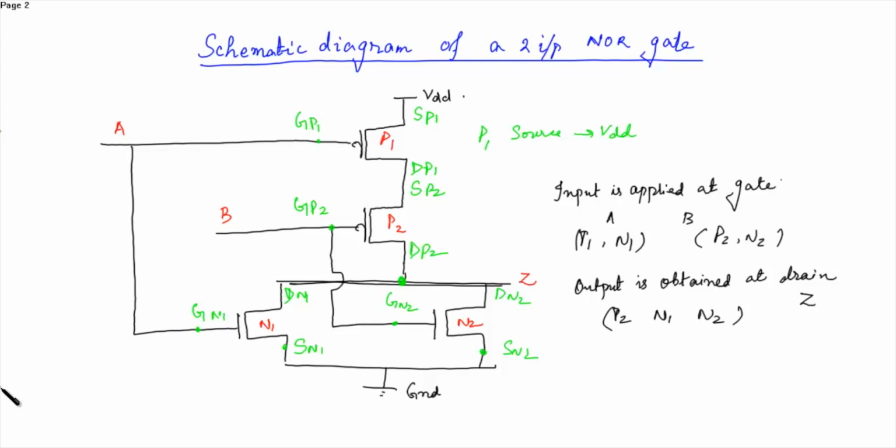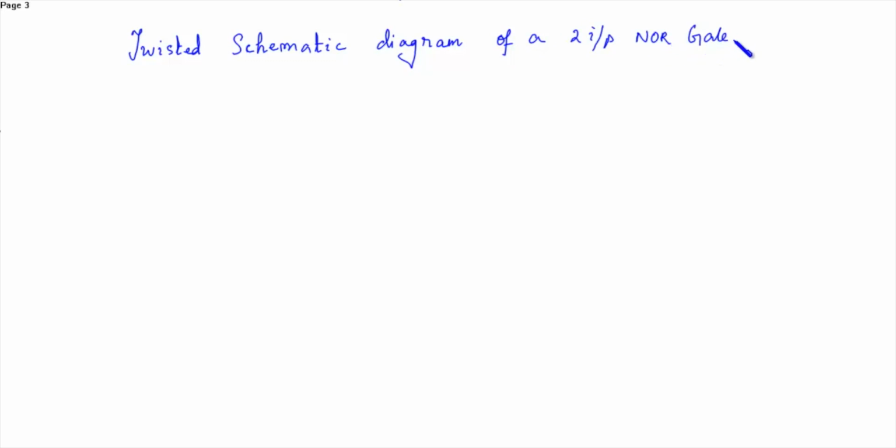Now let's see the stick diagram, the schematic diagram of a 2-input NOR gate. How will the stick diagram be?